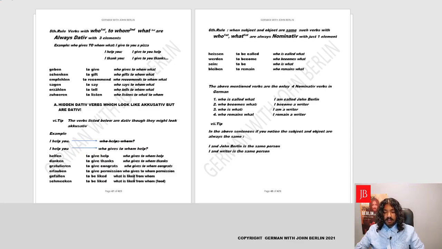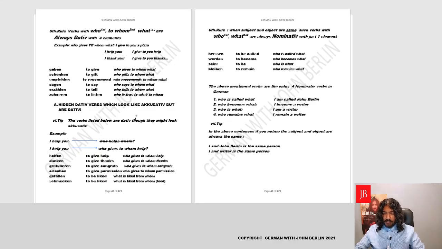Let me update: dative is not just to whom, for whom, it's also sometimes from whom. With that regard, these verbs are also dative verbs. From whom is something liked. We'll talk about these two verbs later as well, so that you understand them in depth.